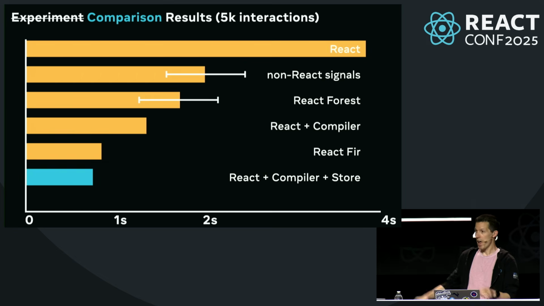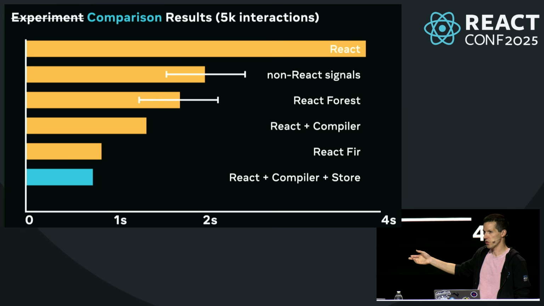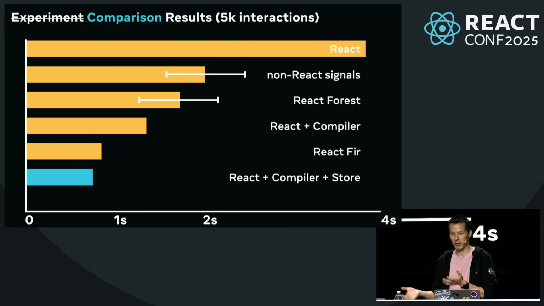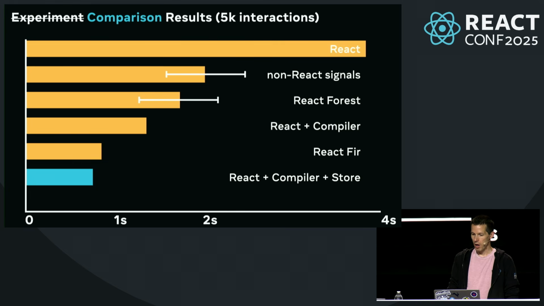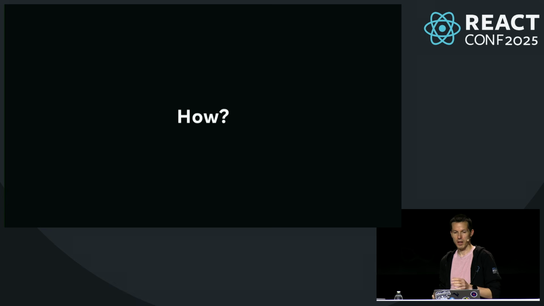Oh yeah. We slightly rewrote things to use a store, but we're not dramatically rewriting the code. And in particular, because of the subscribe function, we can do very targeted updates in this store. So why is this so fast?